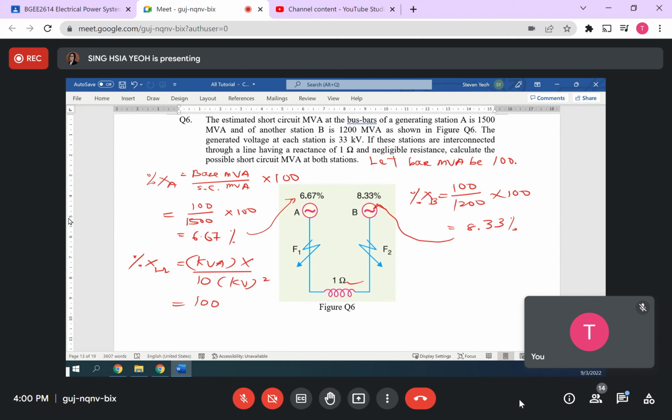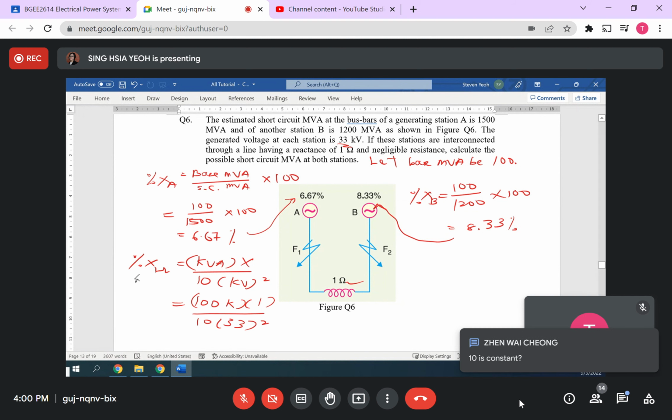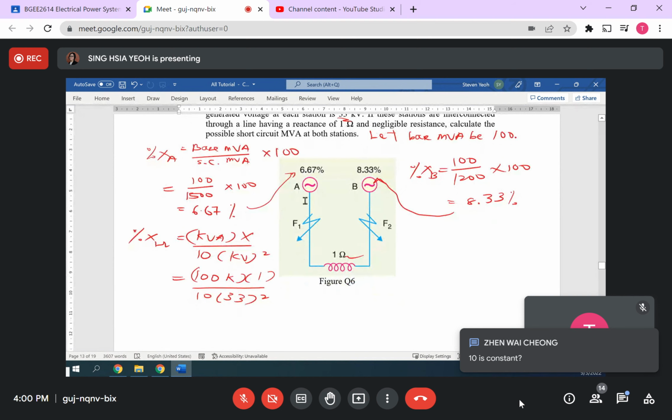Then x will be 1 ohm divided by 33 kV, so 33 squared. Can you get it? You need to look at MVA and kVA carefully. You cannot substitute 100 in, because this 100 is 100 MVA.